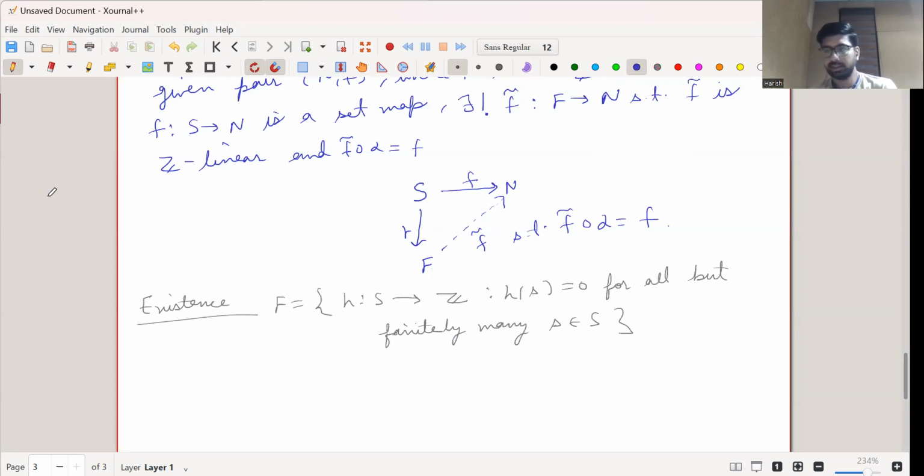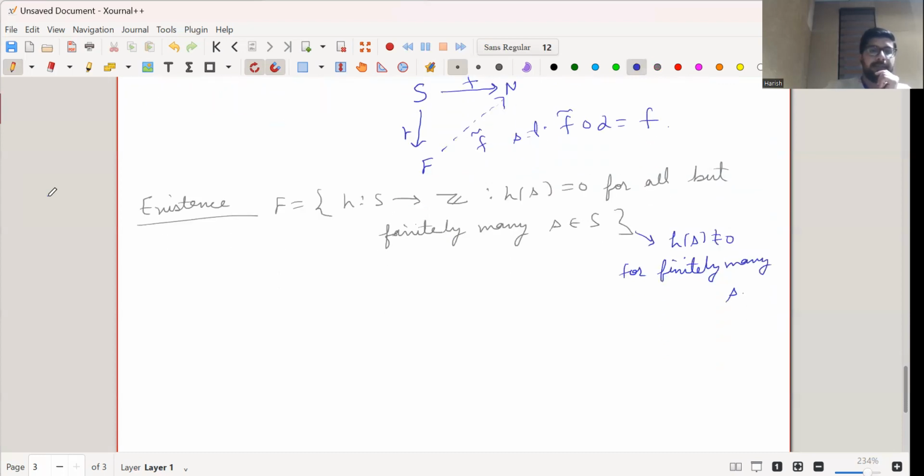It means h(s) is non-zero for finitely many s. So except finitely many elements of S, these maps are 0 everywhere.